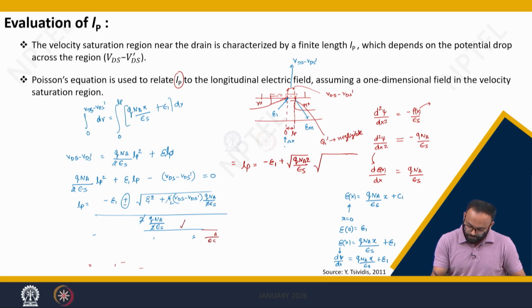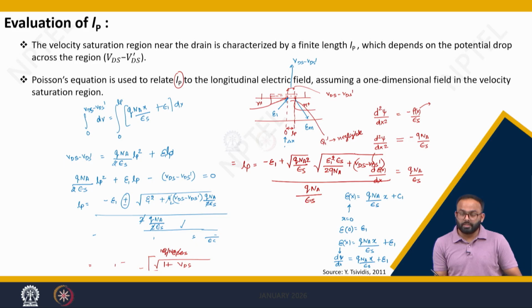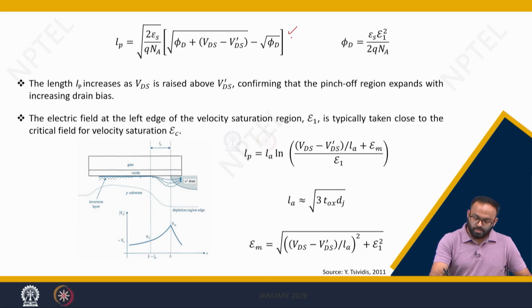Out, you will be left with E1 square into epsilon S divided by 2 times of Q into NA plus VDS minus VDS dash divided by Q into NA divided by epsilon S. So when you solve this equation, ultimately you will end up with this.